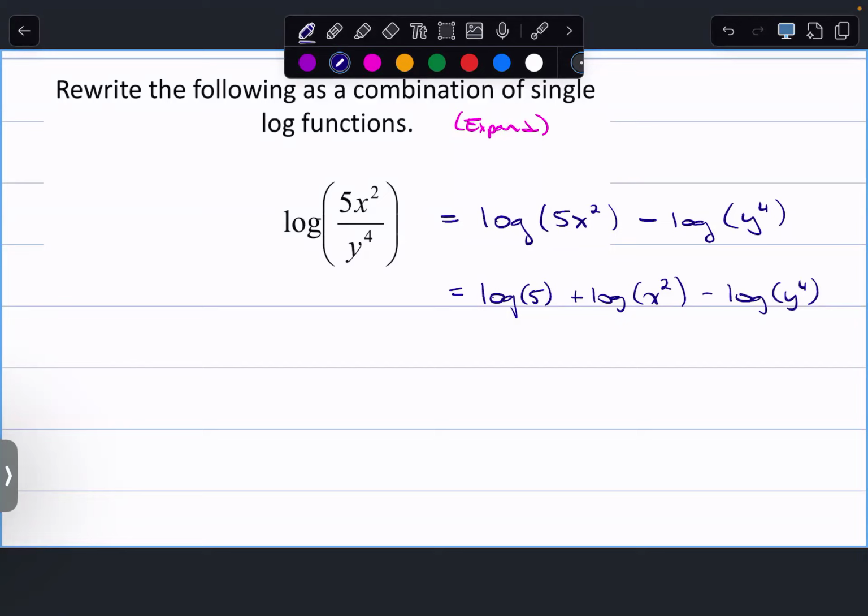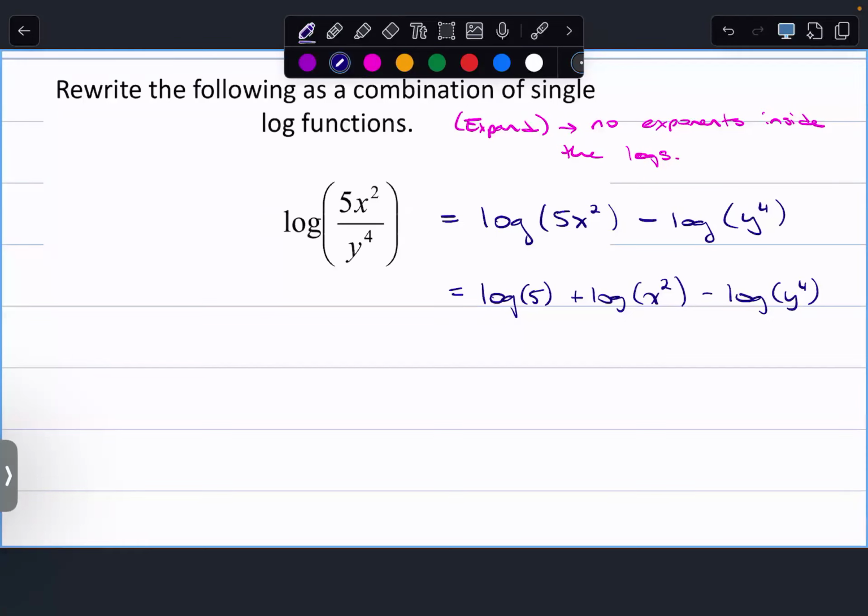You can leave it there, but if we're expanding, then I want no powers inside the logs, or no exponents inside the logs. That's not obvious, so that's why I'm saying it.